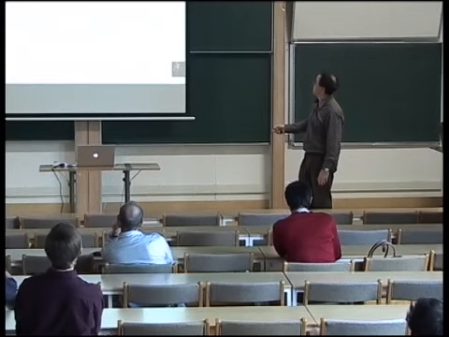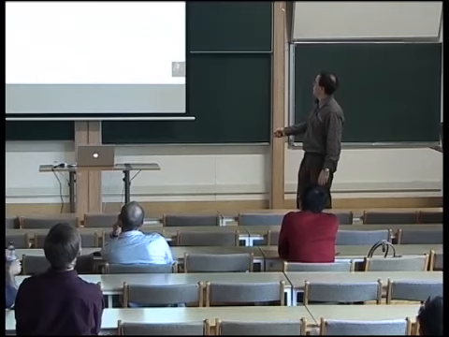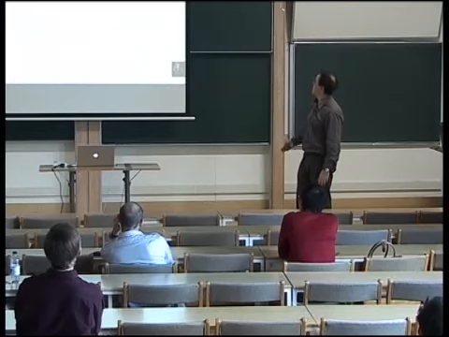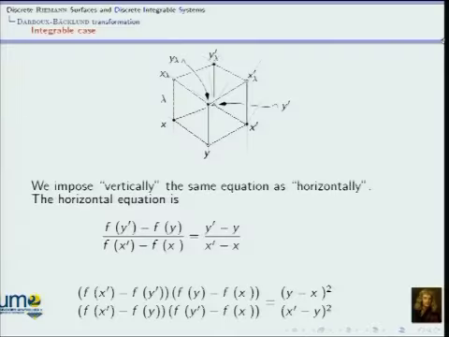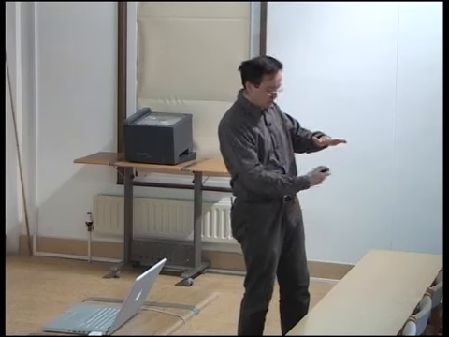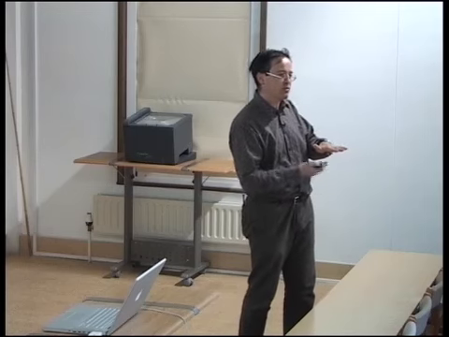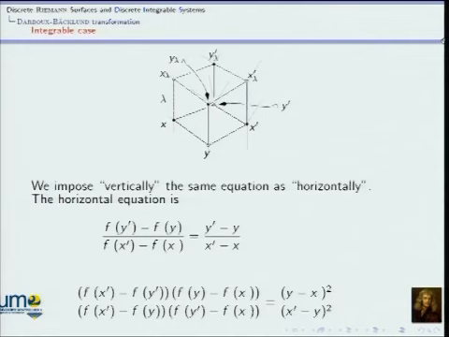Let's say that the ratio of the diagonals is preserved, or for the quadratic version, that the cross ratio is preserved. We're going to put above each edge a vertical quad, and we're going to impose on these vertical quads the same equation as we had horizontally. So it's exactly the same as what Marchek was talking about last week.